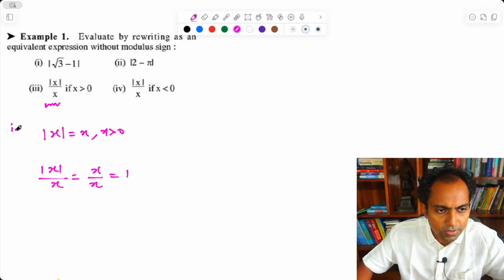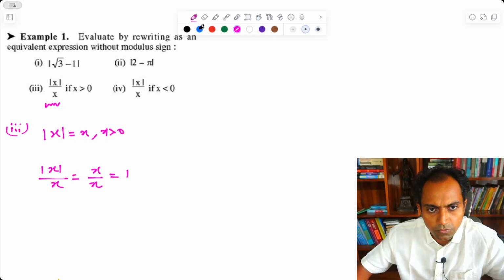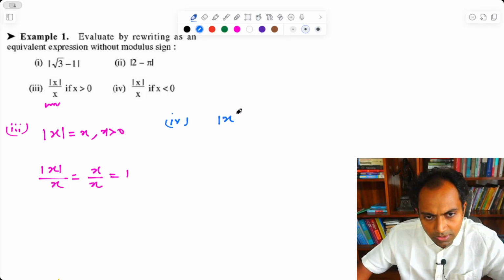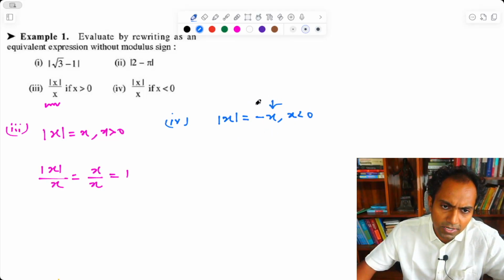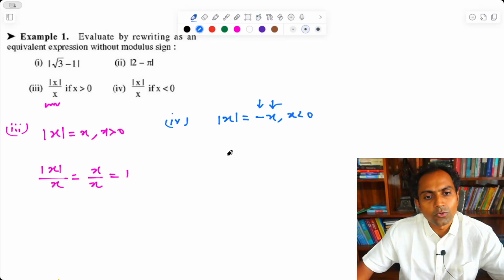Now if I take question 4, something else is happening here. In the 4th part, it is the same question, but it says that x is smaller than 0. So in this case, when you take the modulus of x, it becomes nothing but minus x. It is interpreted like this, and we understand because modulus is positive. Since x is negative, it needs to be multiplied by a negative quantity to make it positive.